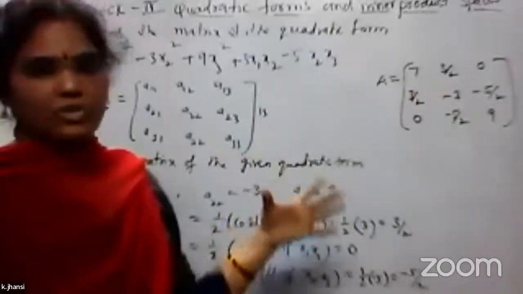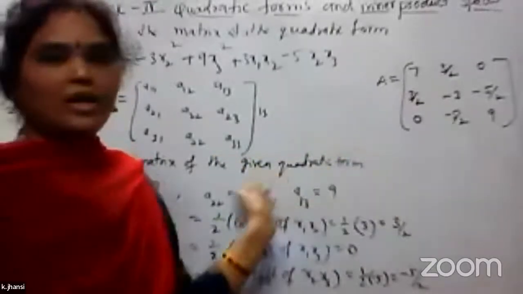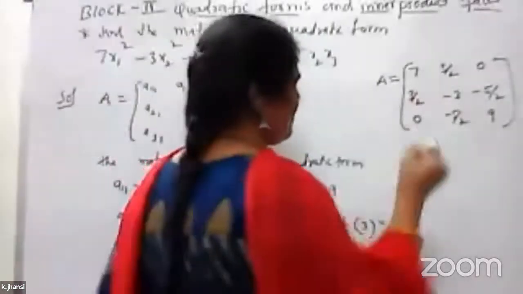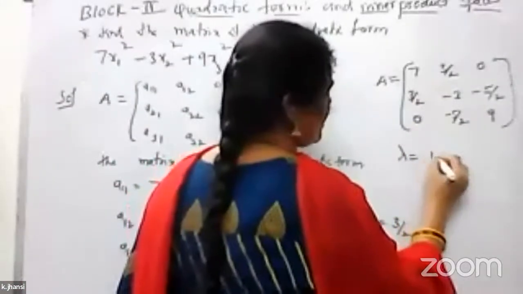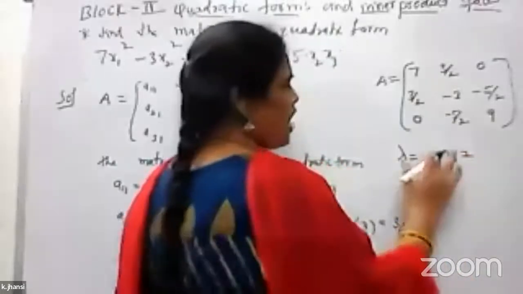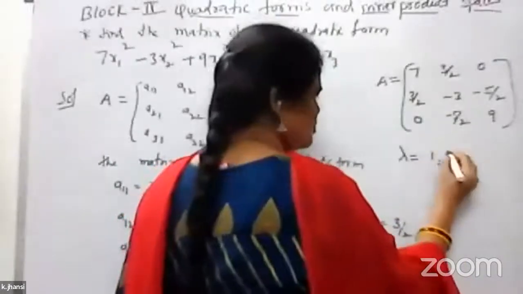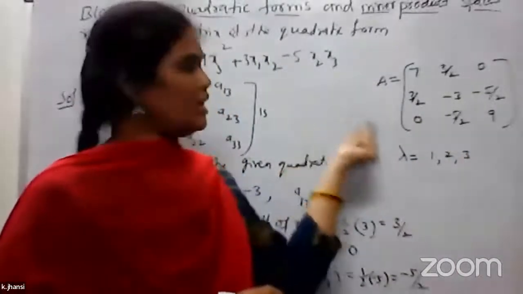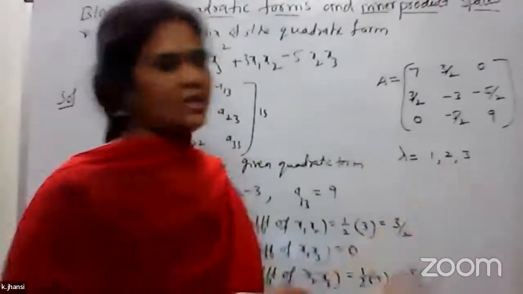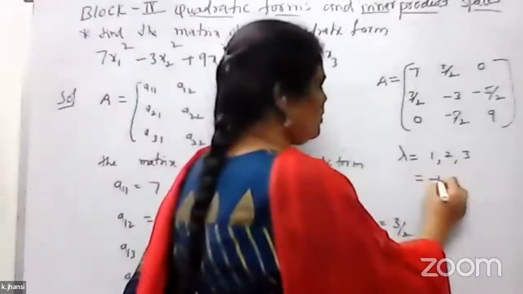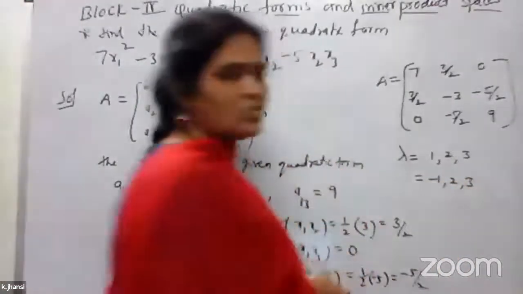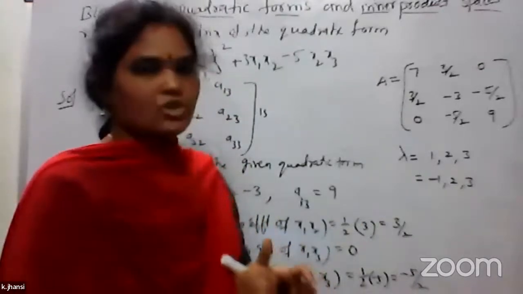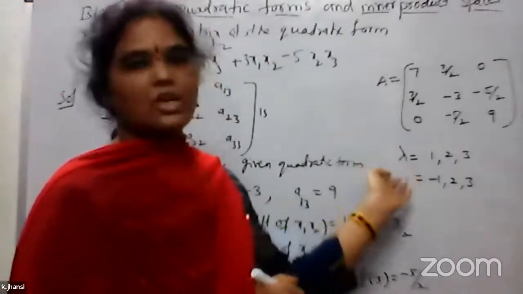If you find the roots of that polynomial and you are getting all positive roots, say you got 1, 1, 2, or 1, 2, 3, all three positive, then the given quadratic form is positive definite. If you are getting one negative and others positive, then it is called negative definite. The 5 marks question, they even ask on this also.